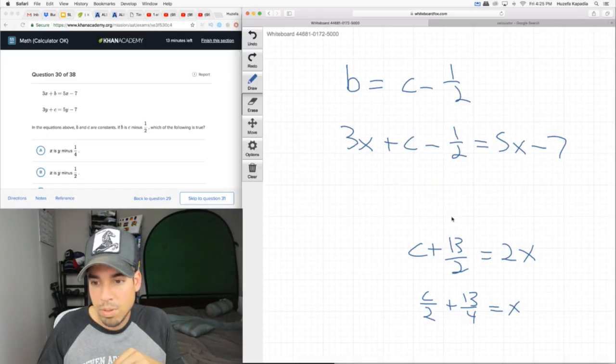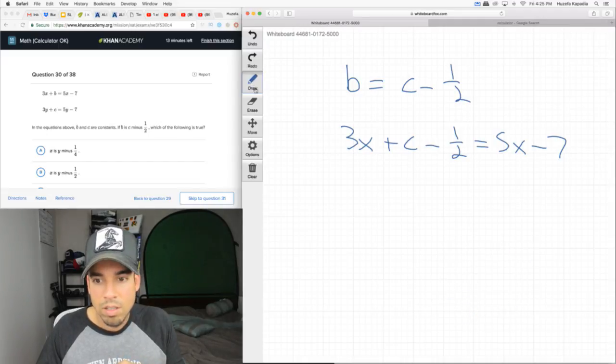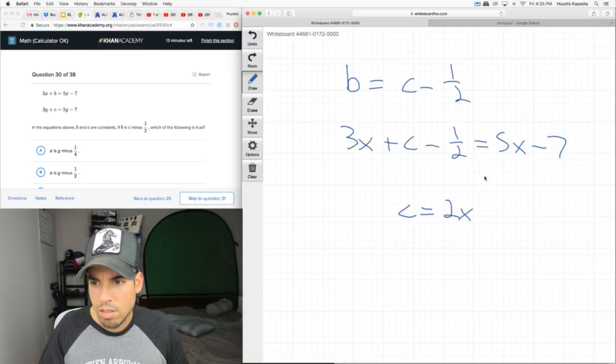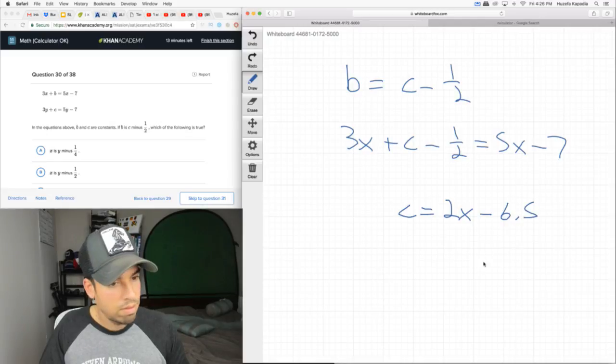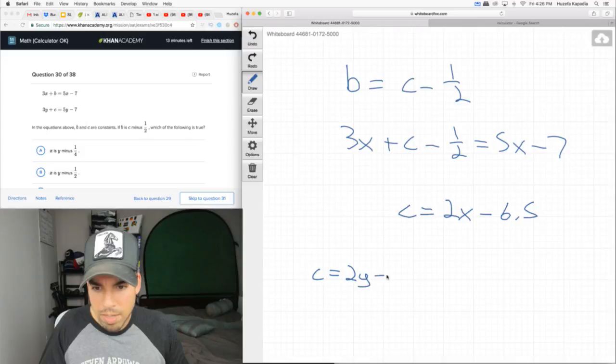We've got C in both of these. Let's isolate C. So C equals 2x minus 6.5. And down here, C equals 2y minus 7.